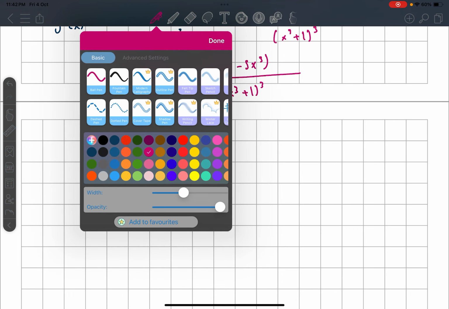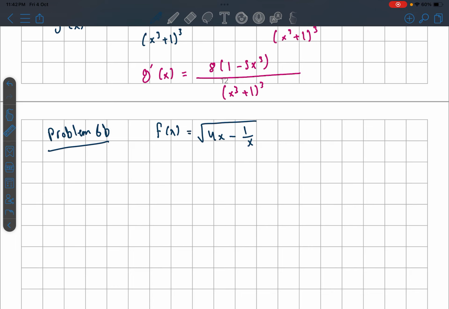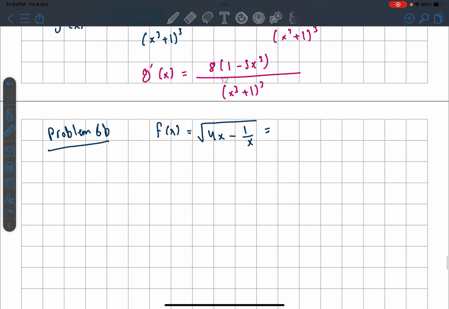Now let's take problem 6b. Here we have f x equals square root of 4x minus 1 over x. Let's simplify it.